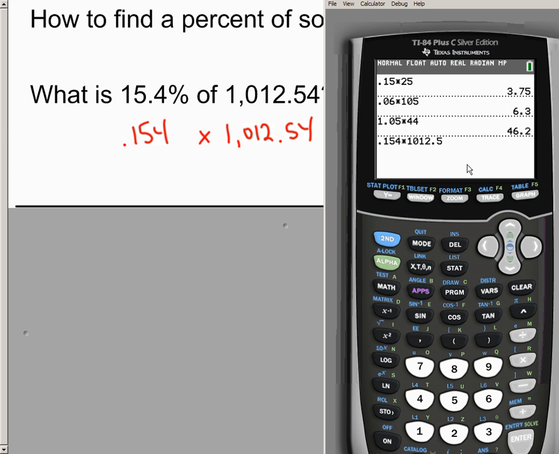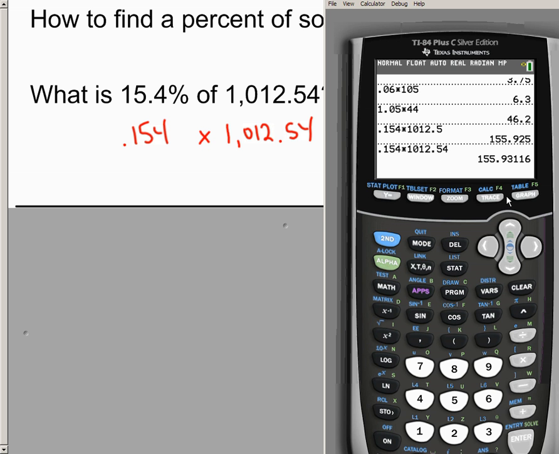See, I typed in the 4, but it didn't pop up there. So if I had hit enter, I'd have the wrong answer because I didn't type in 1012.54. I typed in 1012.5. So make sure that you check what you enter into your calculator. And there's the right answer, 155.93116.